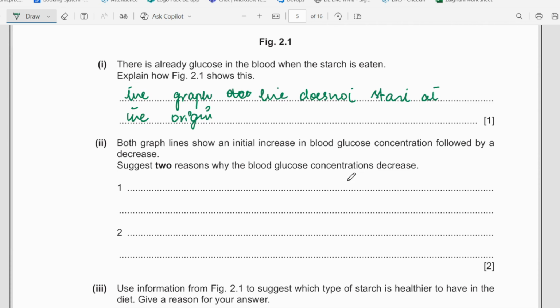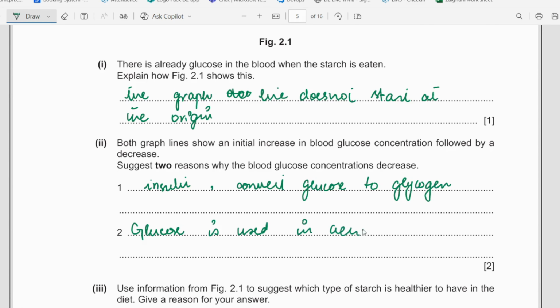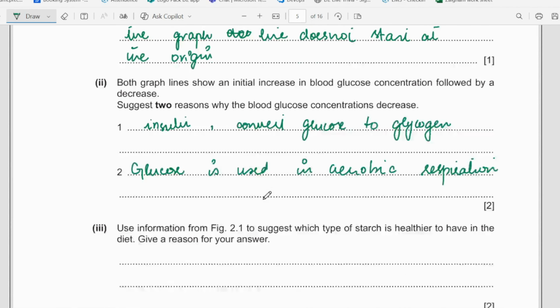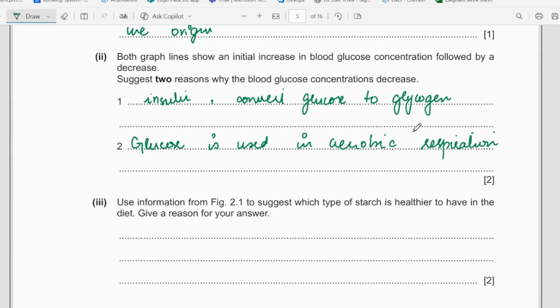Suggest two ways why the blood glucose concentration decreases. Convert glucose to glycogen. Where is this glucose used, by the way? Exactly. The very first function of glucose in our body is to release energy. Use information from figure 2.1 to suggest which type of starch is healthier to have in the diet.